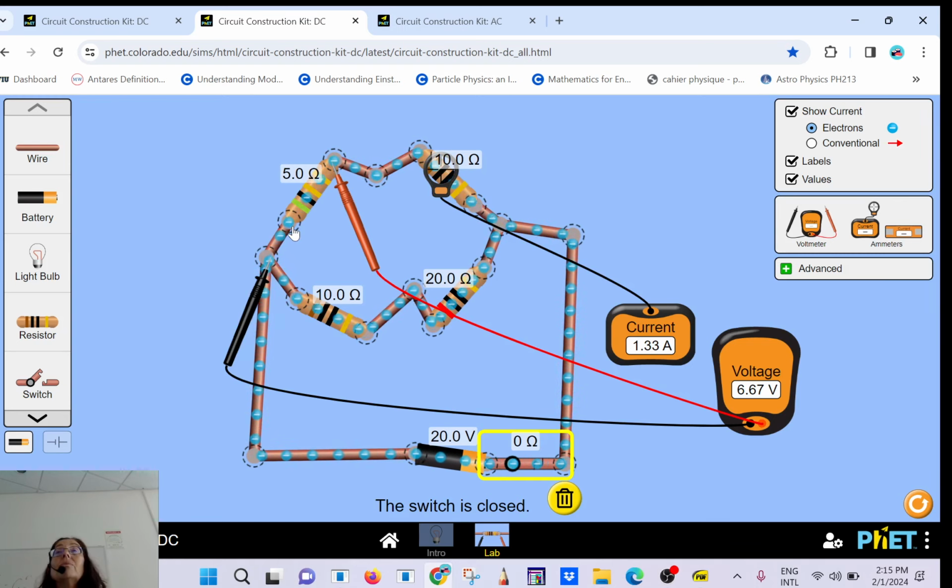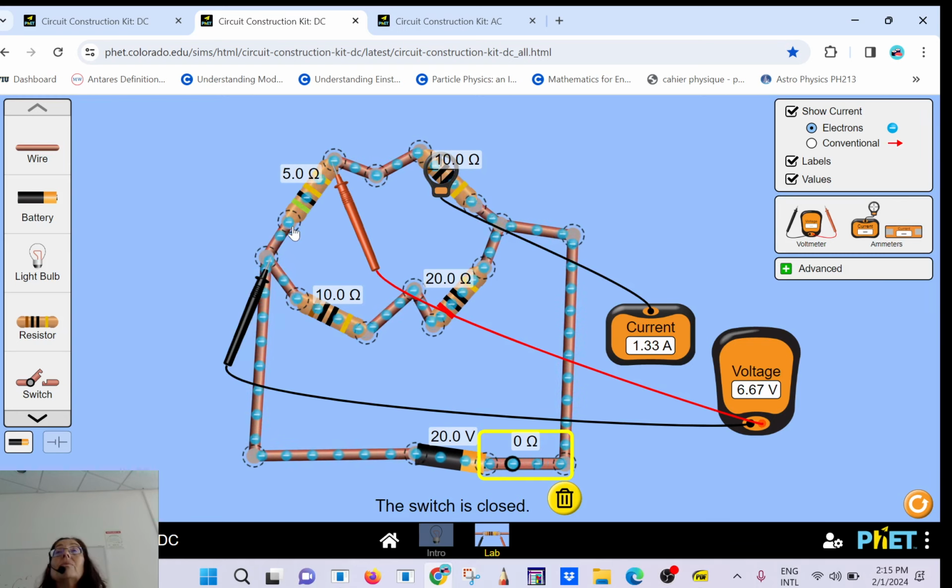So here you have a large current, and here you have a smaller current. Which one has the largest resistance, the 40 watt or the 60 watt? 40 watt, very good, has the largest resistance because it's like squeezing the pipe.